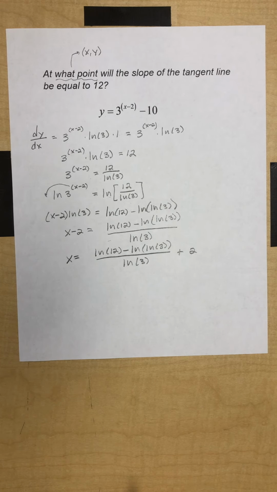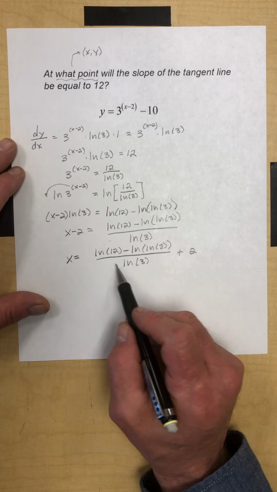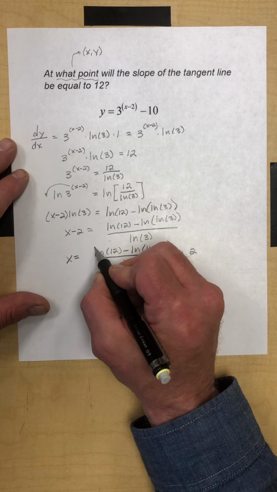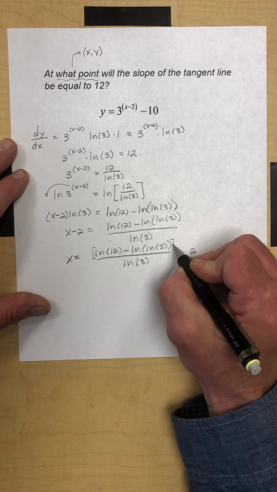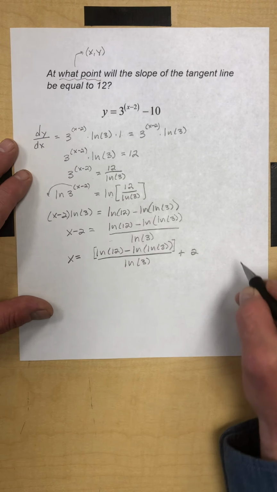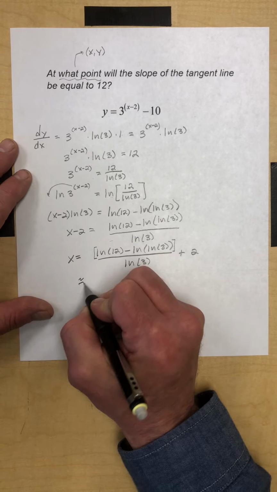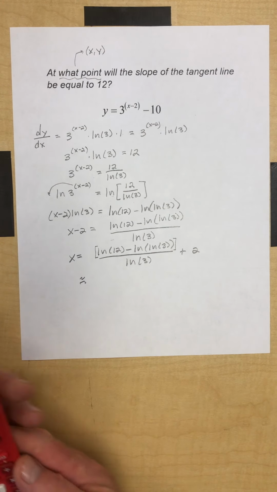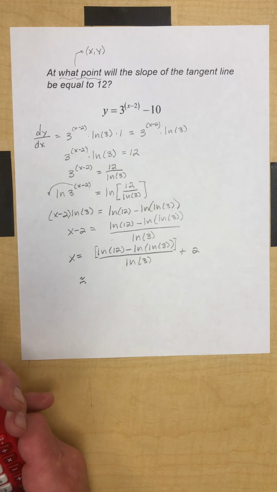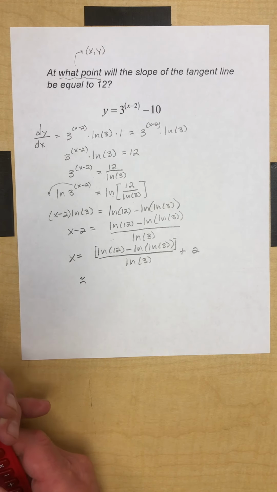I'm going to punch that entire thing in my calculator, so I want to separate this numerator from this denominator. When I punch it in, I'm going to use some grouping symbols. So let's see what happens. I put a grouping symbol, natural log of 12, a grouping symbol after the 12, minus the natural log of 3.